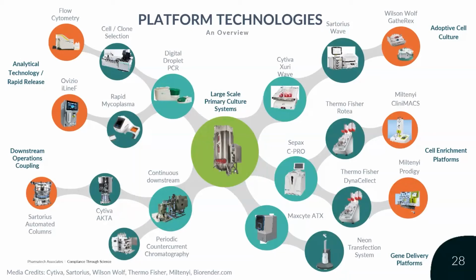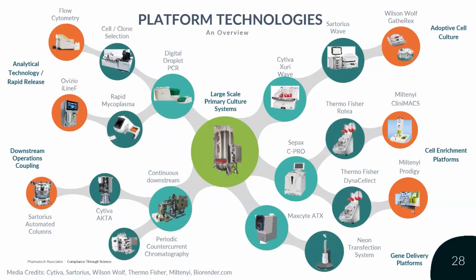But there are all these continuous downstream technologies coming out, the periodic countercurrent chromatography that I introduced. Cytiva's got almost semi-fully automated ACTA columns. Same thing with Sartorius. So these technologies could be big for the AAV-LV space. But what's dominating is the ubiquitousness of cell culture and cell enrichment platforms that are coming out. So that's pretty exciting.